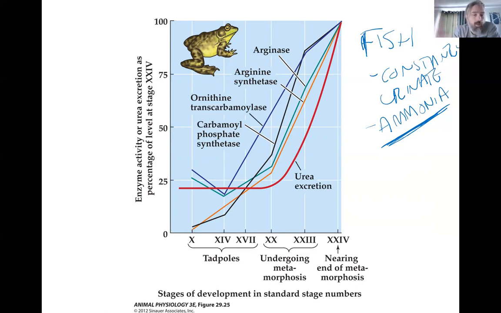But as we transition from water to at least partial landness, we can't do that anymore. We have some water budget we have to maintain. We can't just pee wherever we want to, right? And so we see that during metamorphosis, in amphibians that undergo metamorphosis, we see this transition from production of nitrogenous waste as ammonia to that as urea. And that's really the take-home message on that.